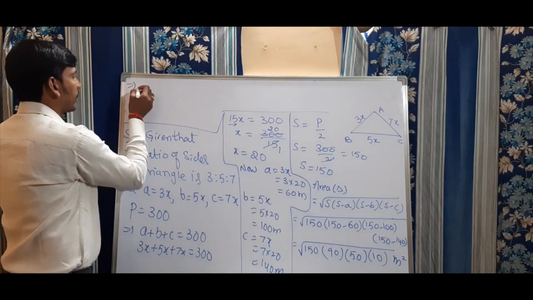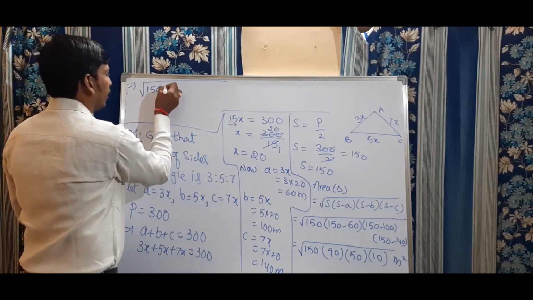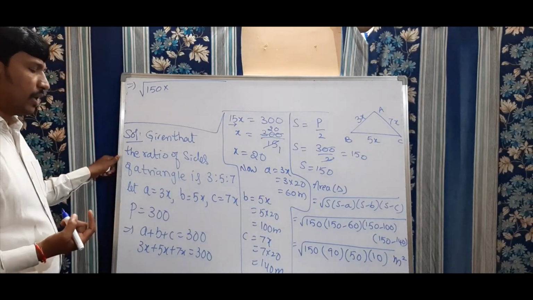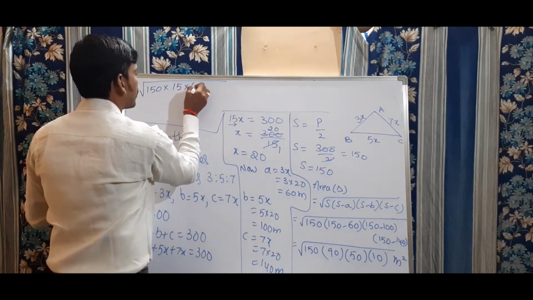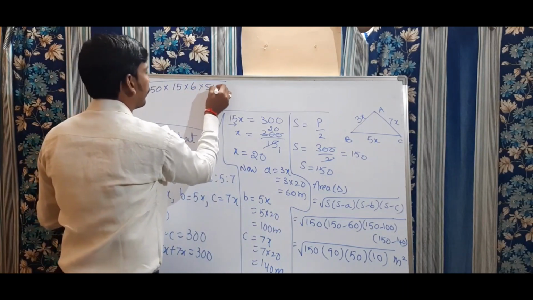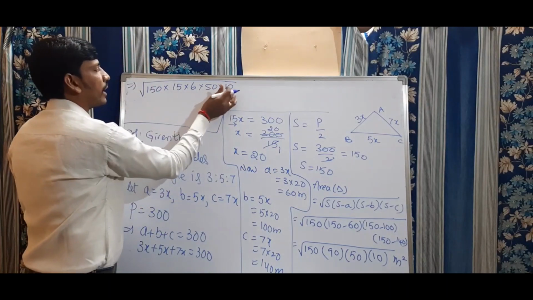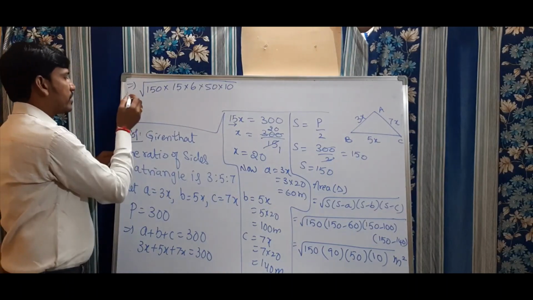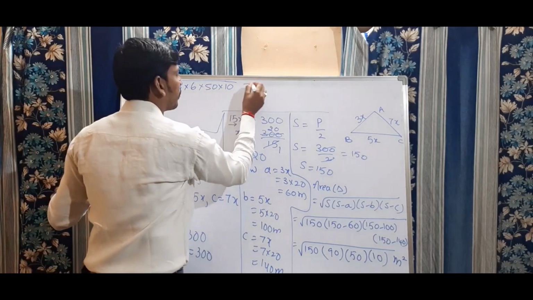Now which implies square root of 150, I am writing as it is, into this 90 I am going to write 15 into 6, right? And that 50 I am writing as it is, 50 into 10. Okay, now see this here, this 15 and 10 will become 15 tens are 150, because I have here already 150 there.